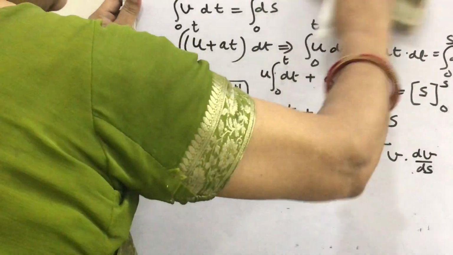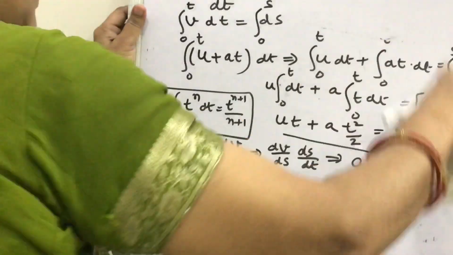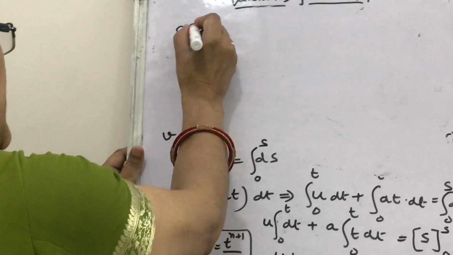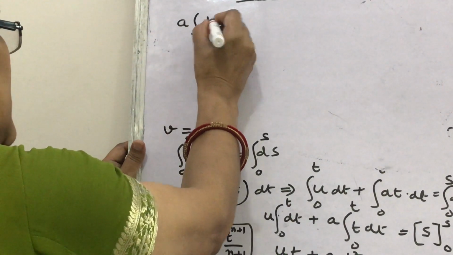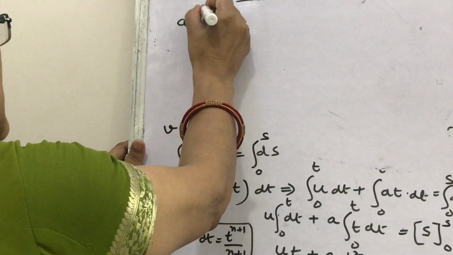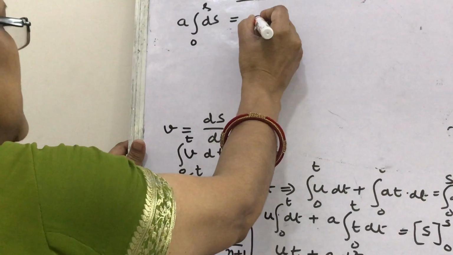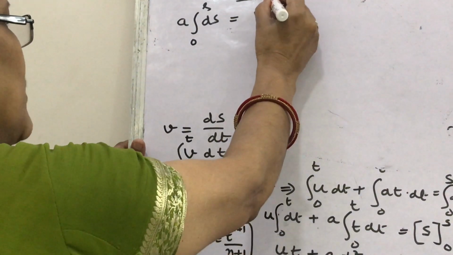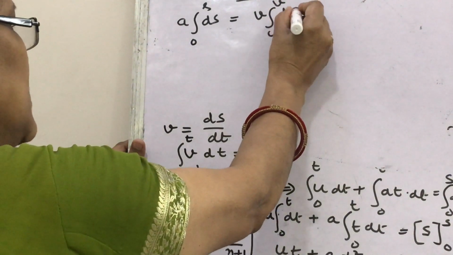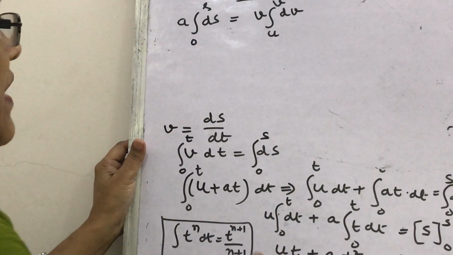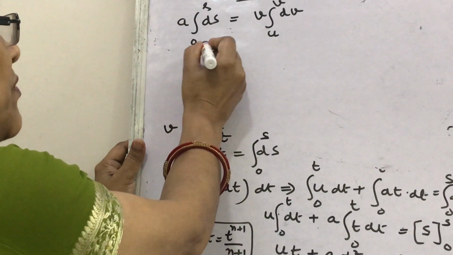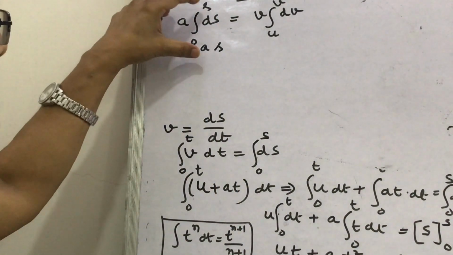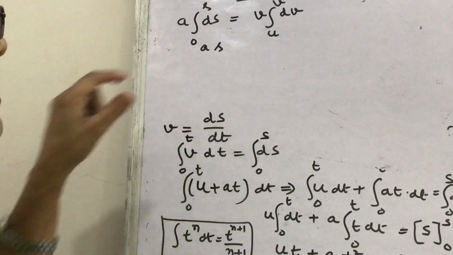I am going to write here this a ds, a will be outside the integration sign, and this 0 to s. Similarly here v is outside the integration sign, and this is from initial to final velocity dv. What will you get here? This 0 to s ds, simple s, a s, because the limit 0 to s will give s.